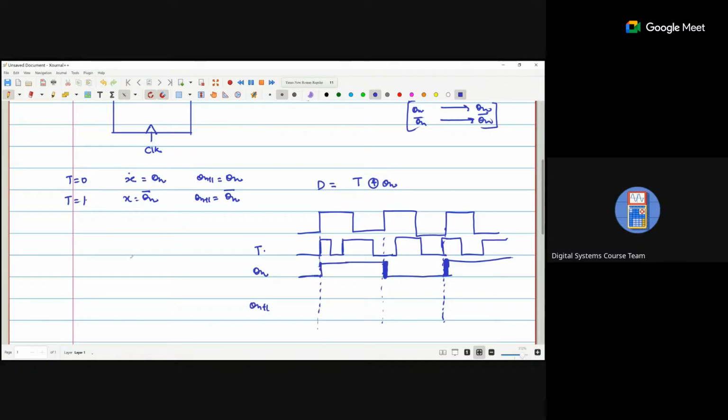Now check when the positive clock pulse appears. What is T? T is 1. If T is 1, that means the output toggles. So the Qn that is coming at 0 will be changed. Why? Because it is a toggle.